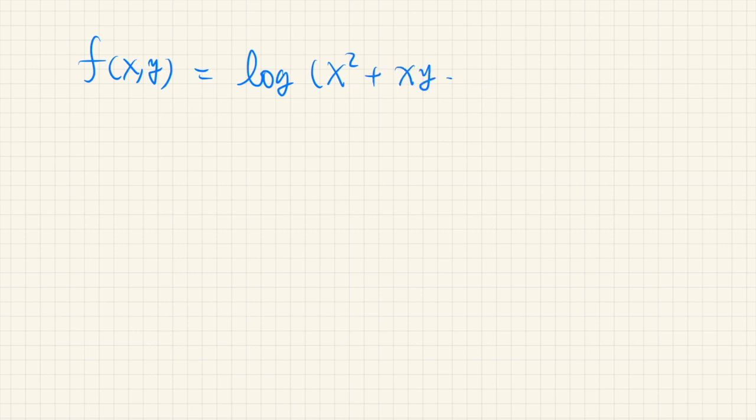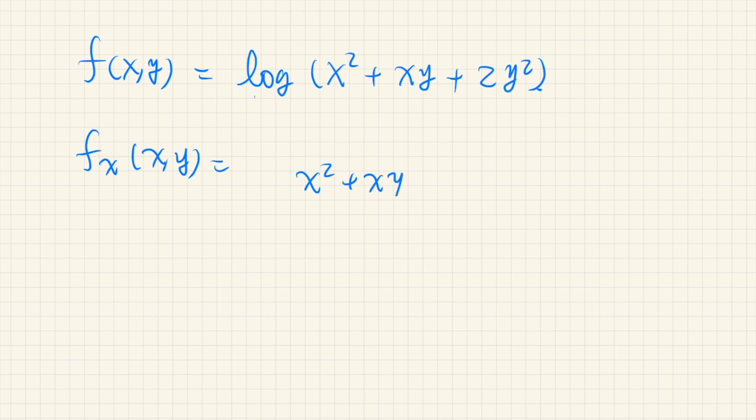Let's see one explicit example. Okay, so suppose we have f of x and y as log, this is natural logarithm, of x squared plus xy plus 2y squared. So suppose this is the function we are interested in. So if we differentiate it with respect to x, then we have, since this is a natural logarithm, 2x plus y over x squared plus xy plus 2y squared.